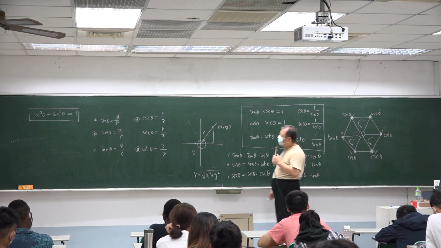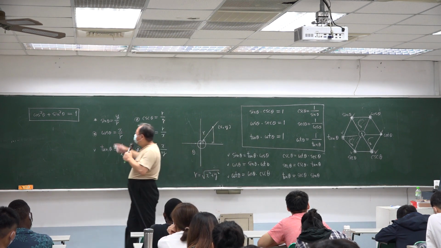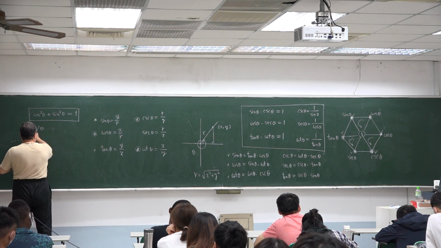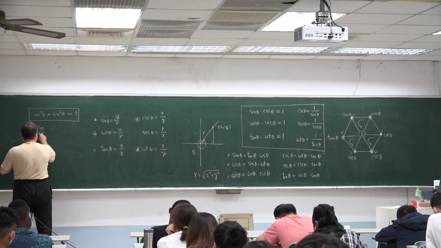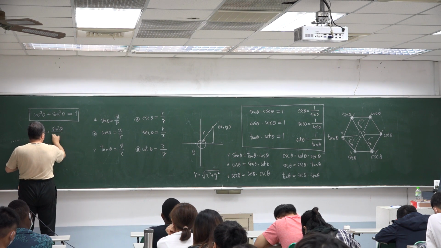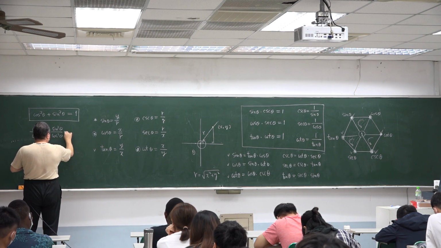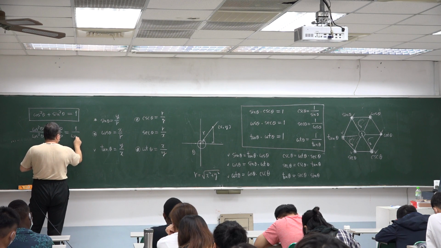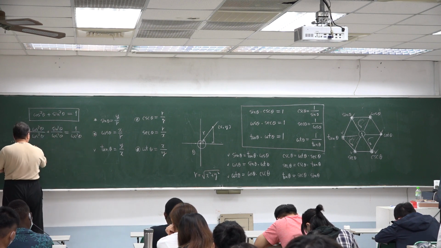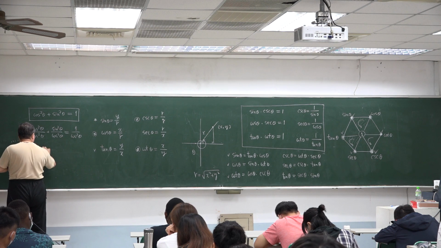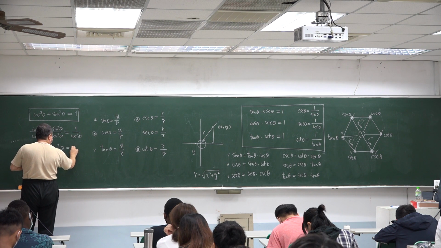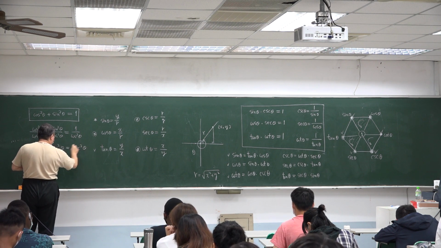So if we divide this identity by cosine squared simultaneously, we certainly have 1 plus tangent squared theta equals secant squared of theta.